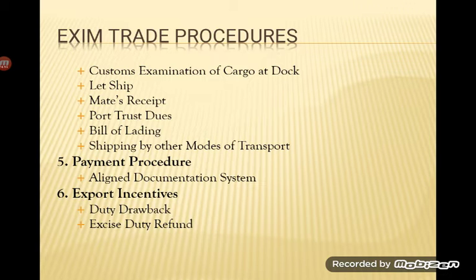Then there is one more receipt which will be provided by these customs authorities. It is called the mate's receipt. After the goods are loaded on the ship, the captain of the ship furnishes the document to the port superintendent. This document is called the mate's receipt. There will be an in-charge captain on the ship because the goods are loaded in the ship, and he is actually delivering the goods from exporter to importer.